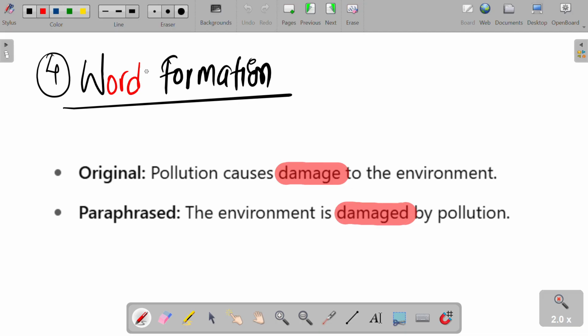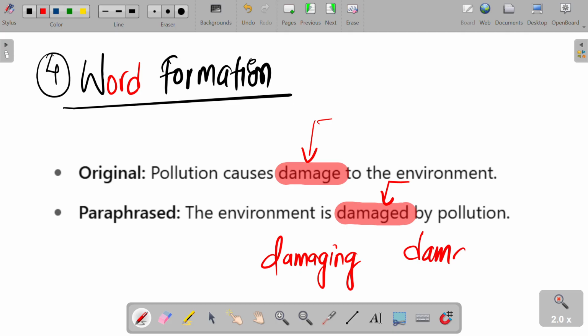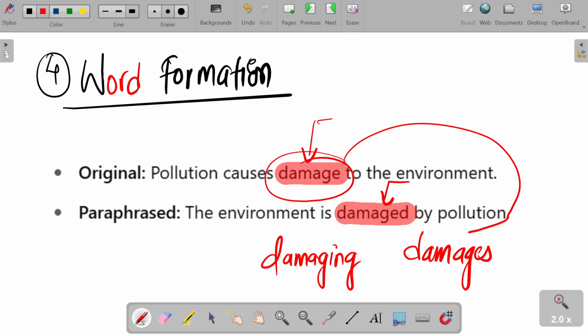Another way of paraphrasing is word formation, where you simply change the word. The word damage has been changed into damaged. Not just this, you could make a sentence where you use damaging, or you could make sentences with damages, or you could write another word for damage.